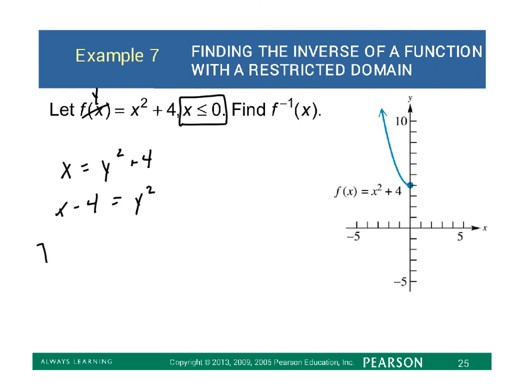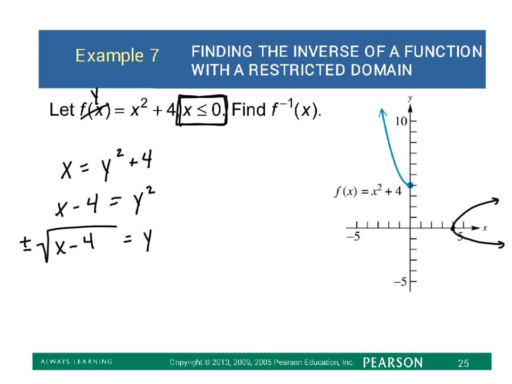Now take the square root of both sides, and when we take the square root, remember there's a plus or minus here. Alright, so this is the inverse function, but that's too much. We only have this domain for it. And if we were to graph both pieces, it would look something like this.